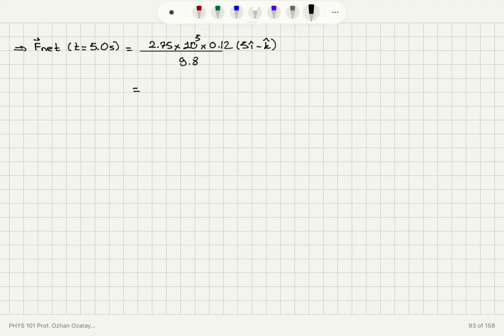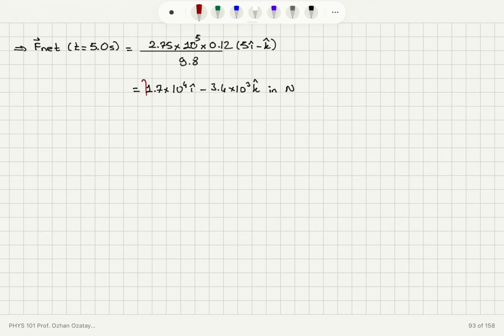Performing this calculation, I find the net force to be 1.7 times 10 to the 4 i hat minus 3.4 times 10 to the 3 k hat, which is given in newtons.